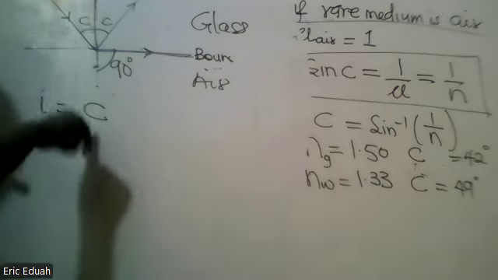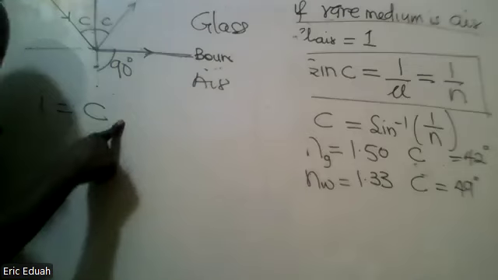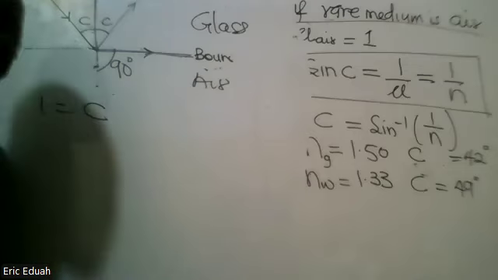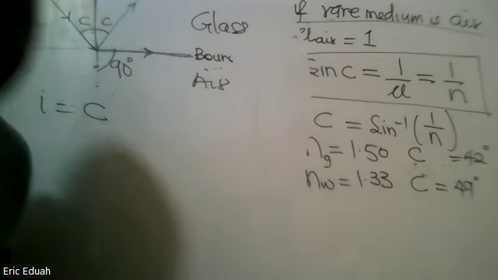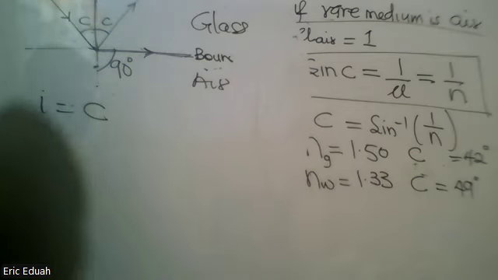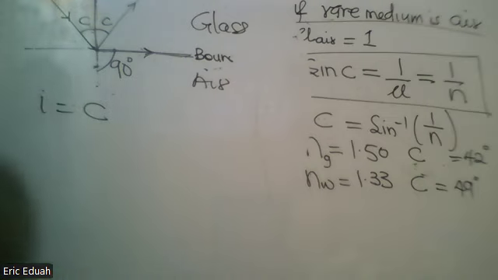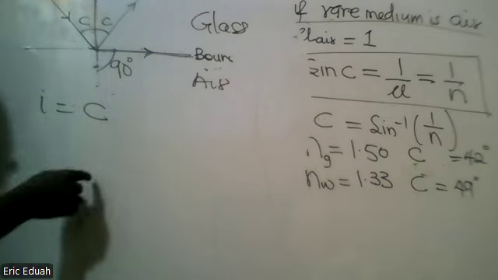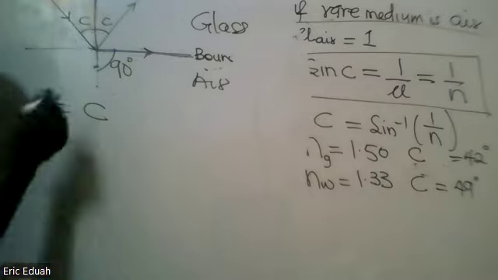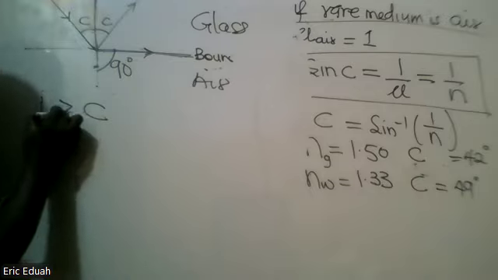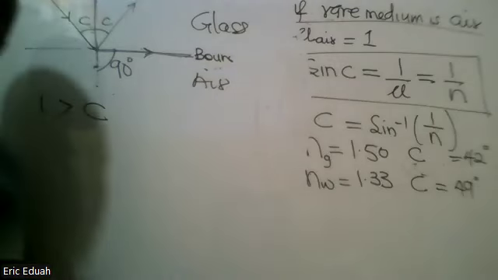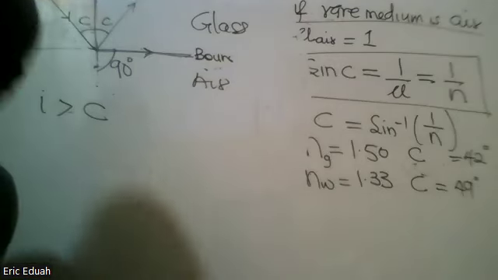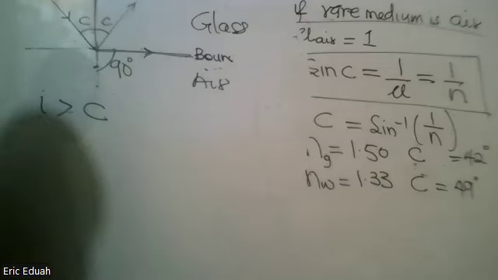But what I'm saying is that when I know the critical angle, I can easily figure out how to achieve total internal reflection. For total internal reflection to occur, the angle of incidence must be a little bit greater than C. If I don't know the value of C, it will be difficult for me to have total internal reflection.